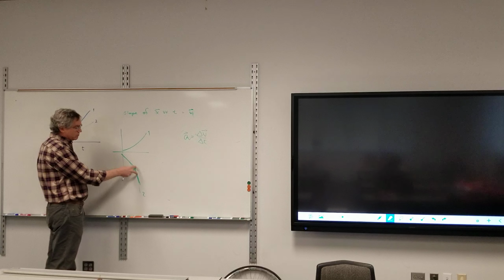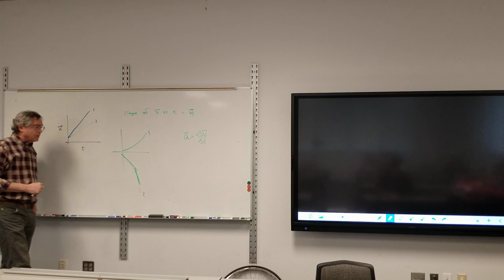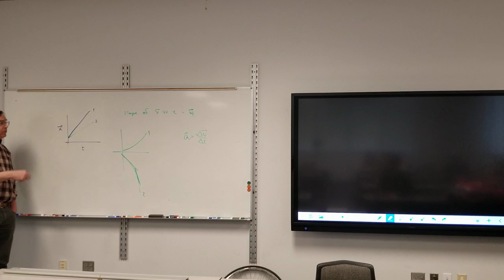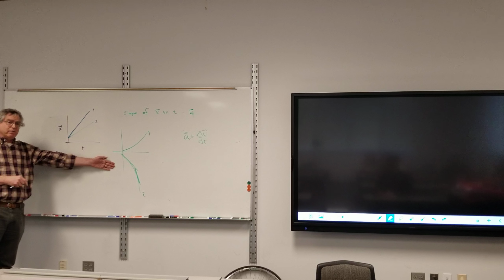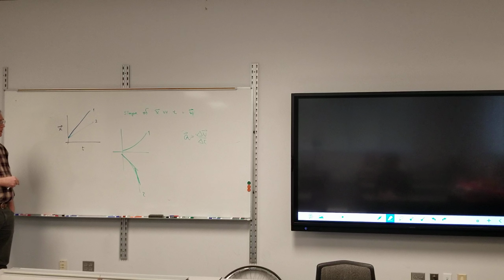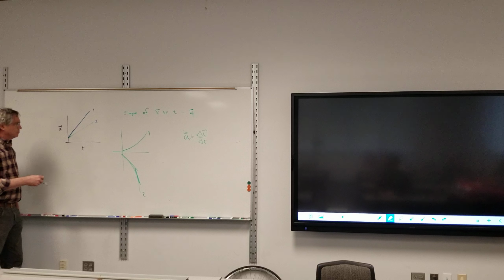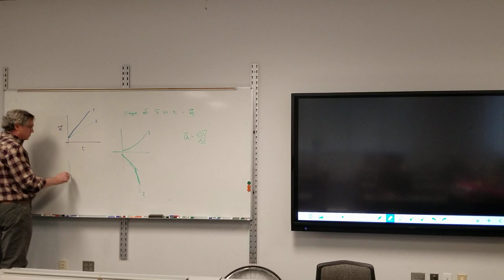So velocity has a negative change, and therefore acceleration is negative. Both of these are speeding up. This is speeding up in the positive direction, that's speeding up in the negative direction. If I have a velocity time graph, how do I find acceleration?